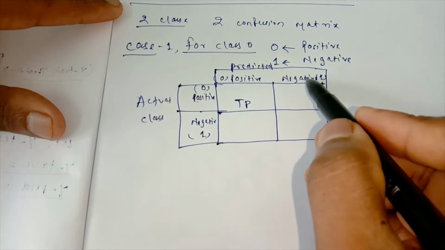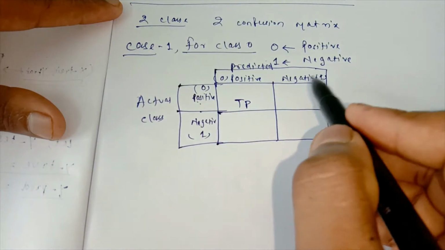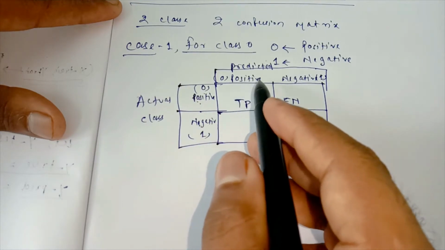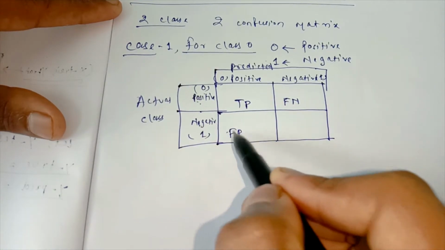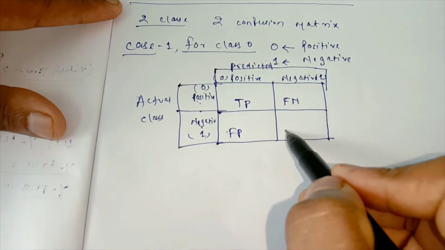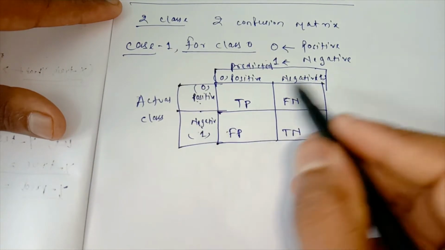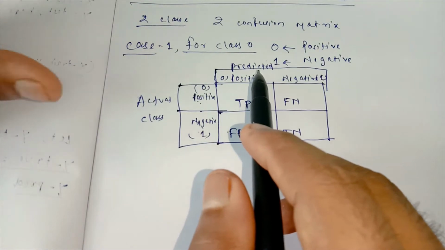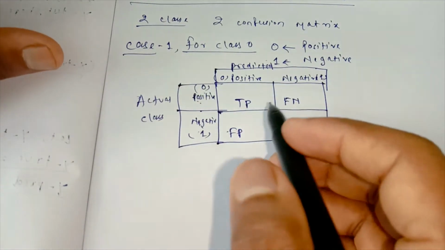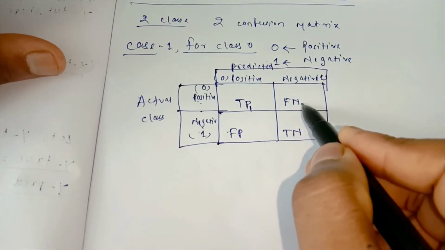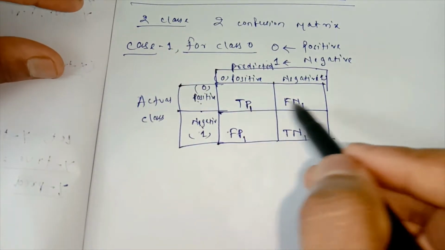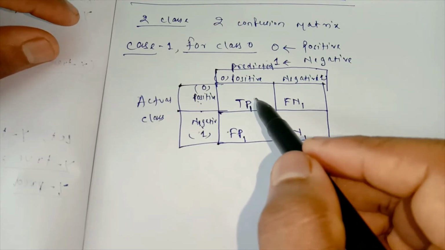Actual positive, predicted negative is false negative. Actual negative, predicted positive is false positive. Actual negative, predicted negative is true negative. We are going to build two confusion matrices, so I number them 1 and 2. These values belong to the first confusion matrix.